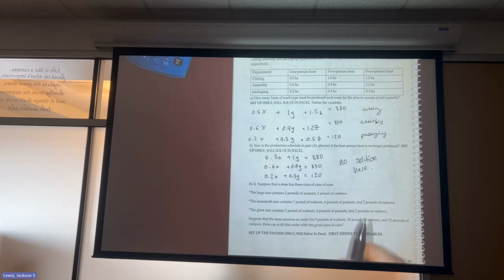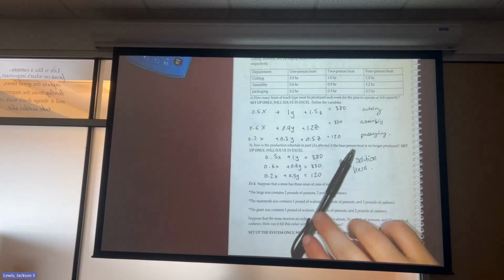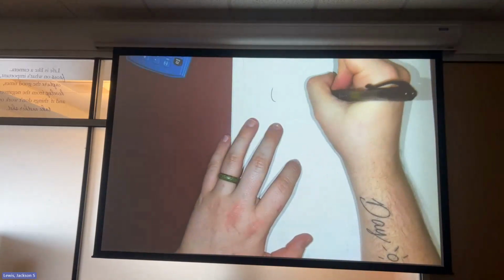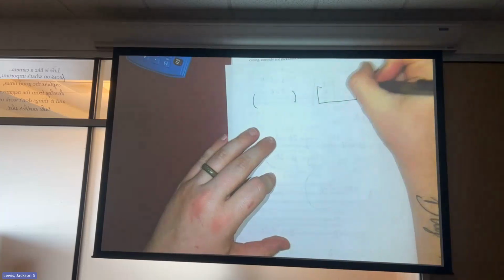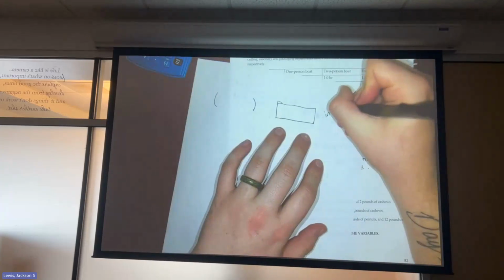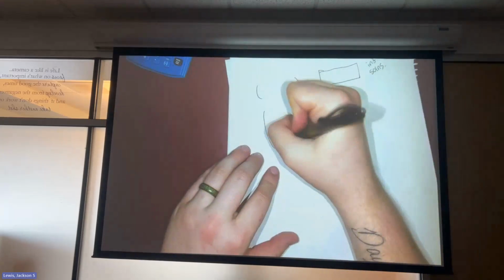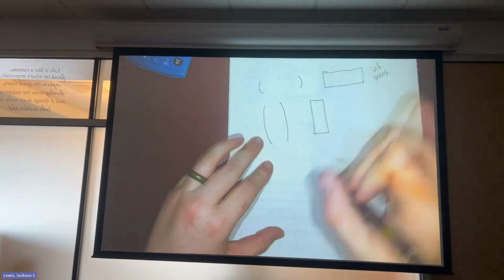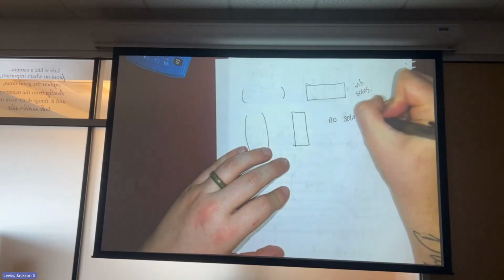Right. The way to think about it is, let me write this down. If it's a rectangle like this, where it's shorter rather than wider, there's infinite solutions. If it's a rectangle like this, where it's taller rather than wider, there's typically no solutions.